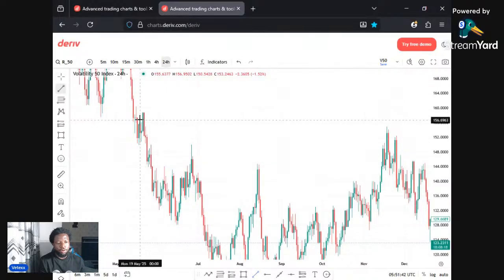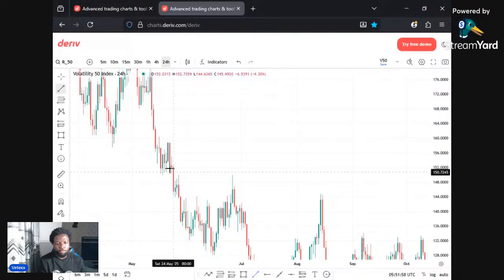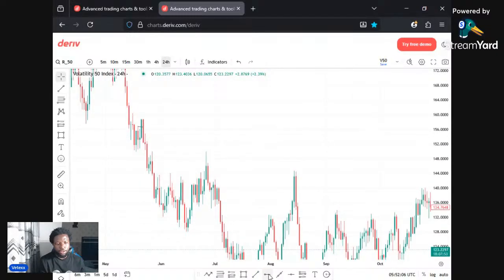You can see our rule number one hidden here, which is sweep of liquidity. This is it, sweep of liquidity, never protected high.